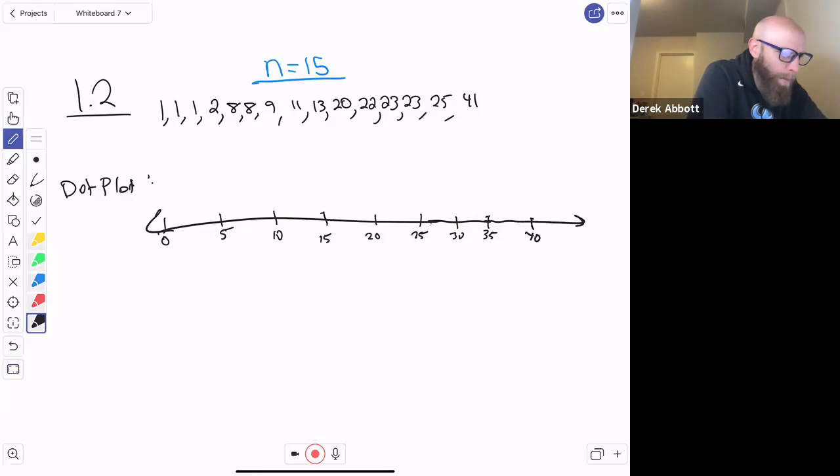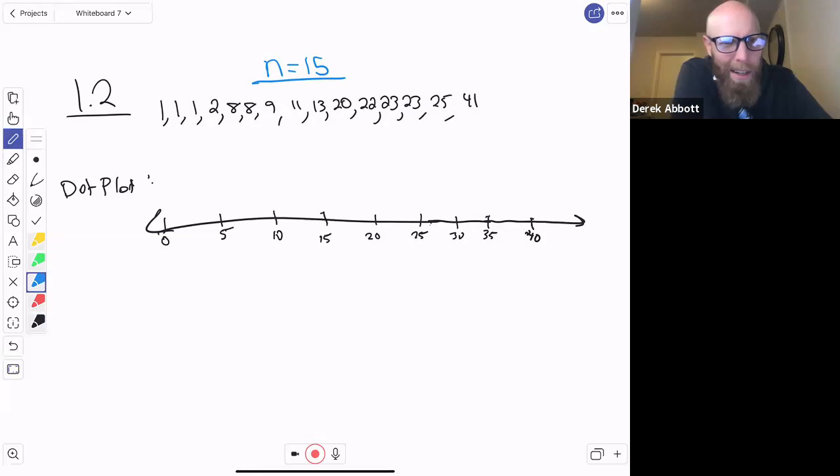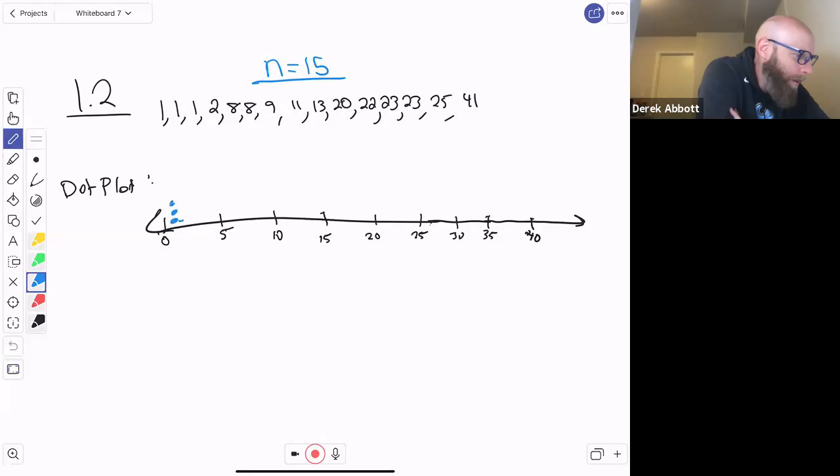let's go 40. Okay, so dot plot, it's literally taking every value and putting a dot above its number. So we got 1, 1, 2, and then it jumps to 8, 8, and we got 9, 11, 13, 20, 22, 23, 23, 25, and then one at 41.